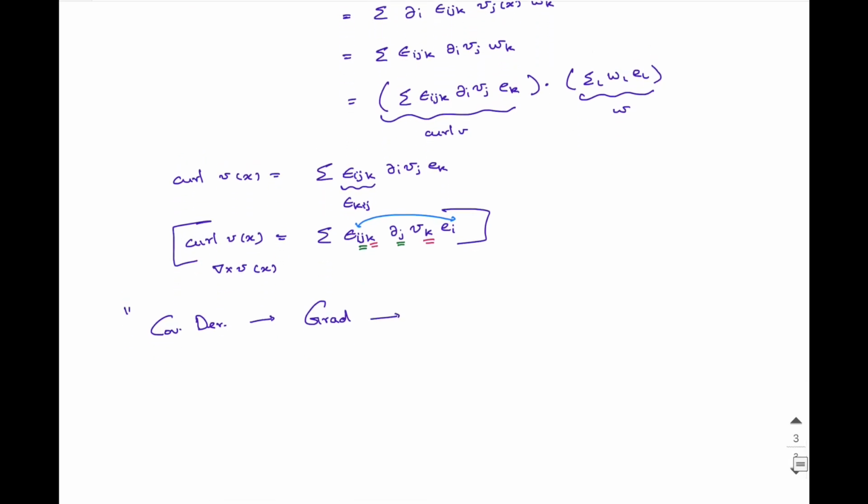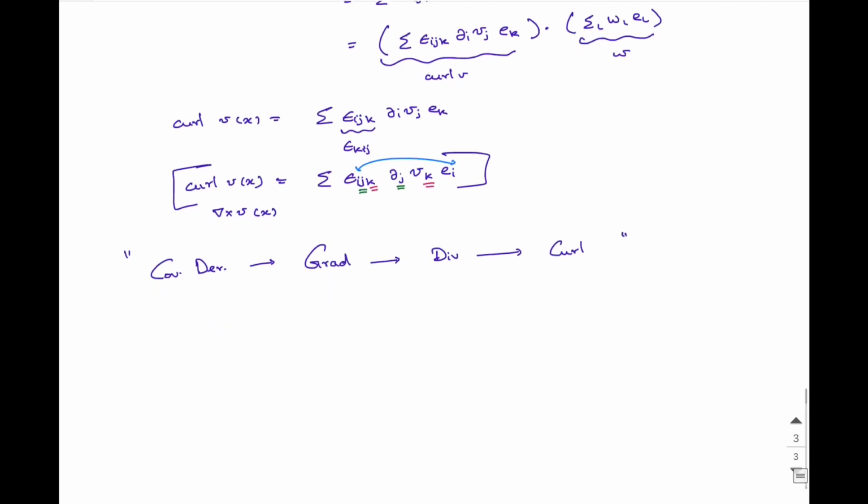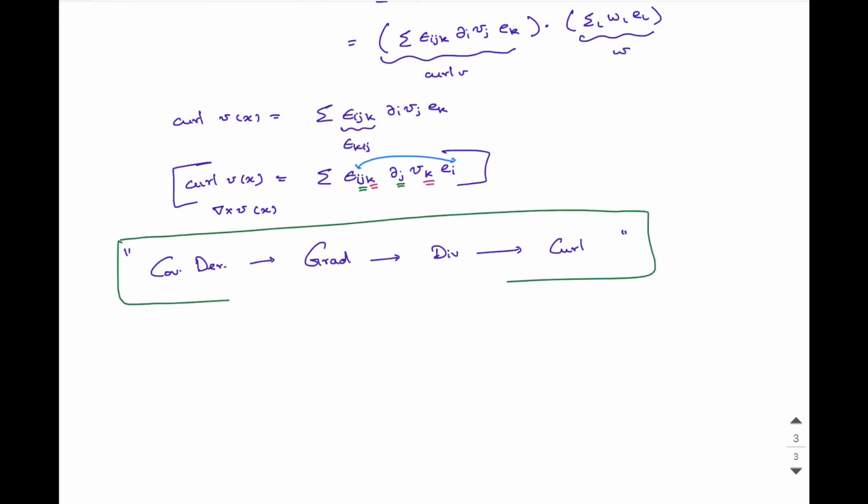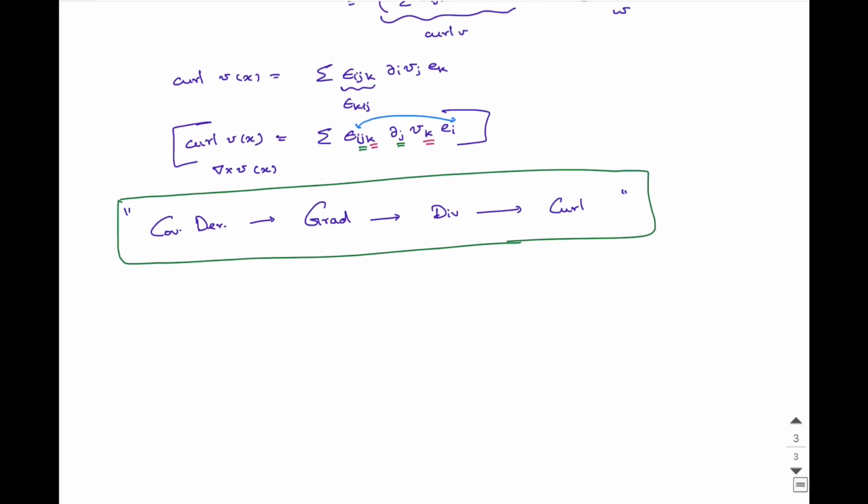From the gradient you take the trace and you get the divergence, and you use the divergence to compute the curl. So you don't have to really memorize any of the equations. You can just derive them based on this recipe. It's a very, very simple recipe, but we will follow that in the context of a general tensor field also.